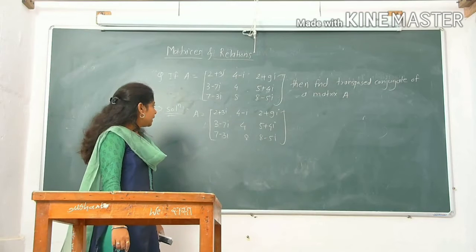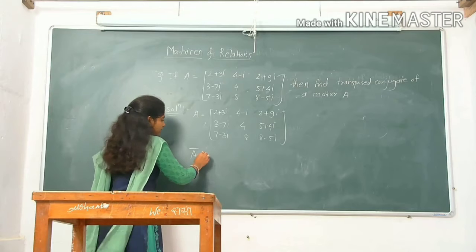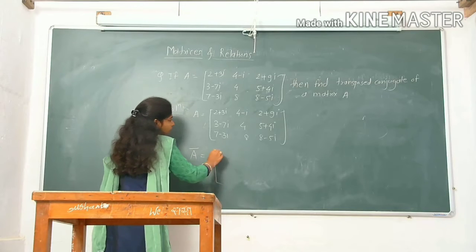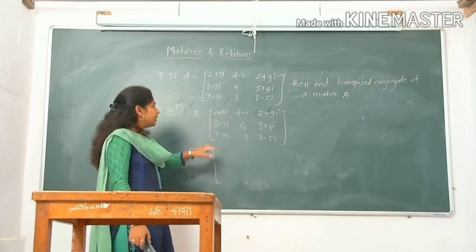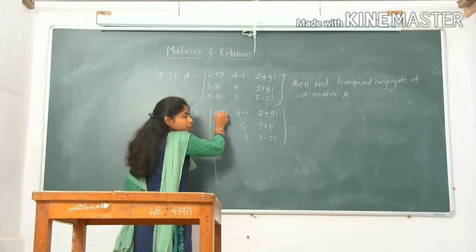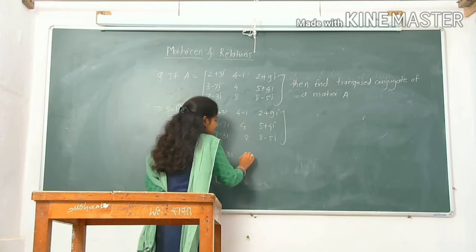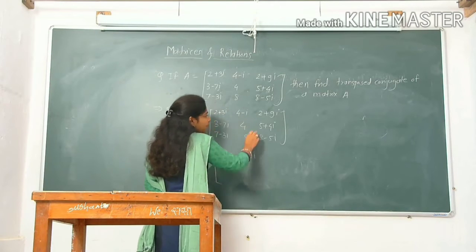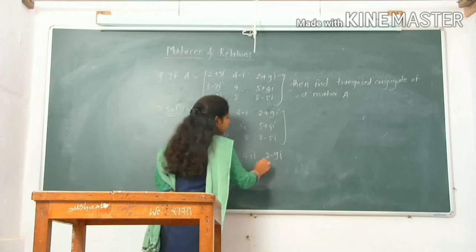Now first we take its conjugate, which is denoted by A bar. Now we take the conjugate of each element of this matrix A. Conjugate of 2 plus 3i is 2 minus 3i. Conjugate of 4 minus i is 4 plus i. Conjugate of 2 plus 9i is 2 minus 9i.